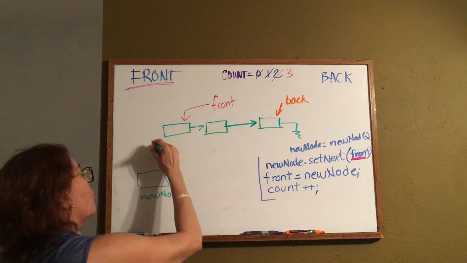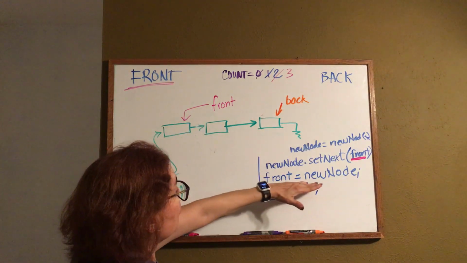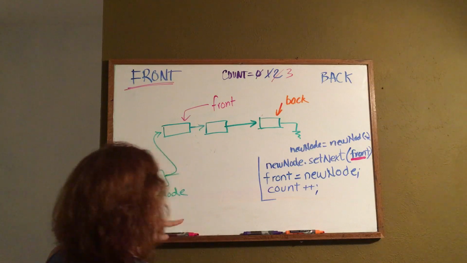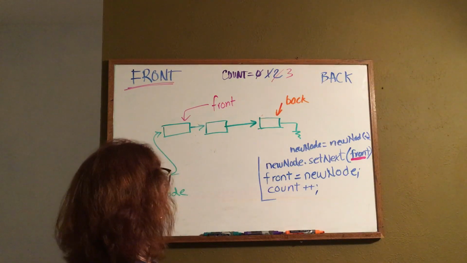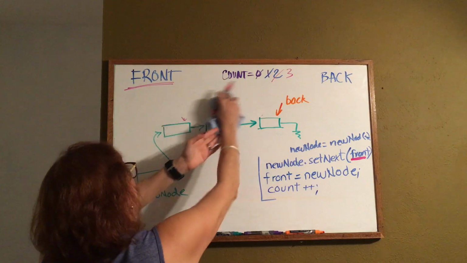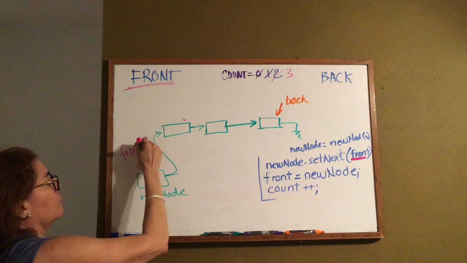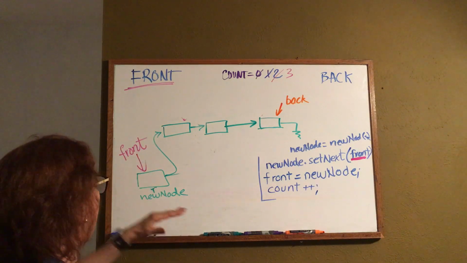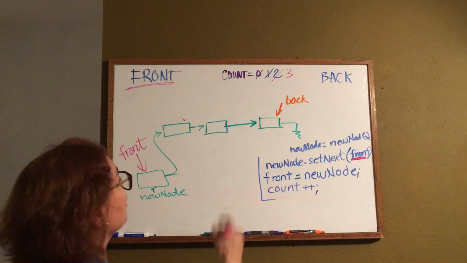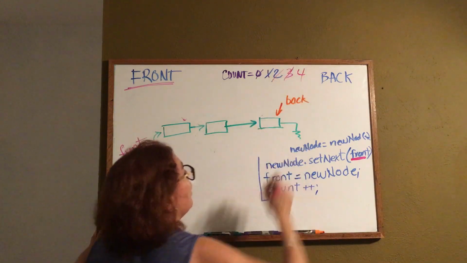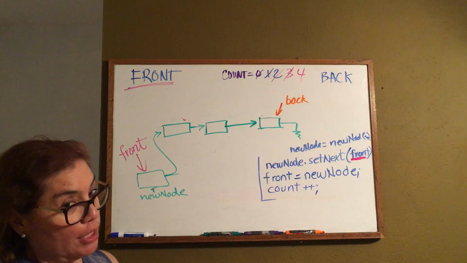So there you go, set next to front. And then front is going to be referencing what new node is referencing, and new node is referencing this. So front now is going to be right here, and I increment my count to 4. And now I have 4 elements, and I can keep going and going and going.